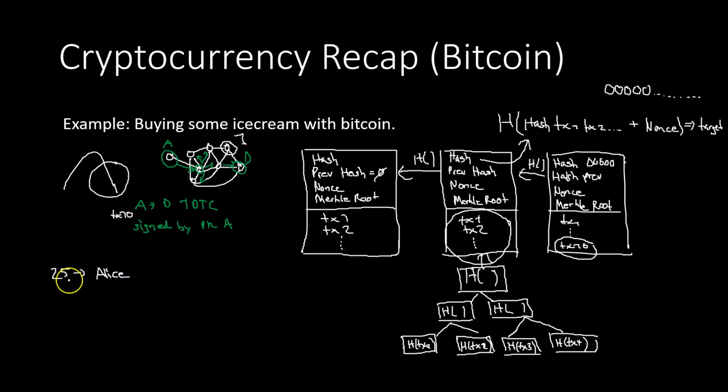So that was initial 25 coins minted from the mining process. Then Alice pays 15 to Bob. Then Bob pays Louis 10.